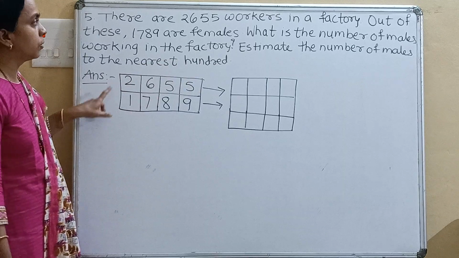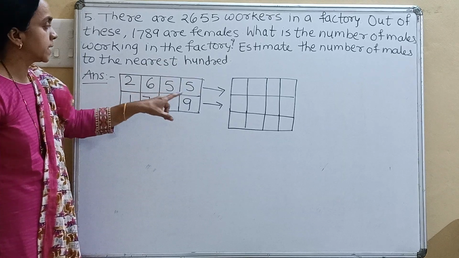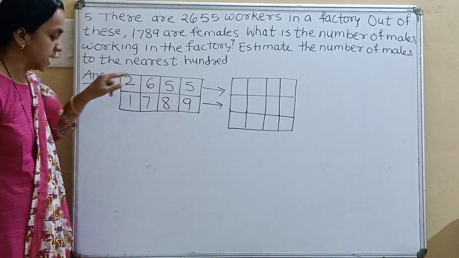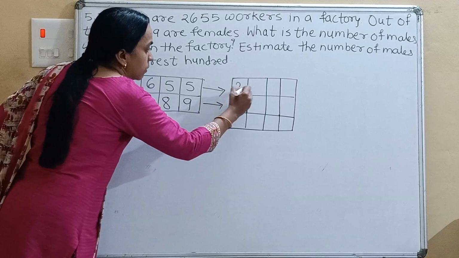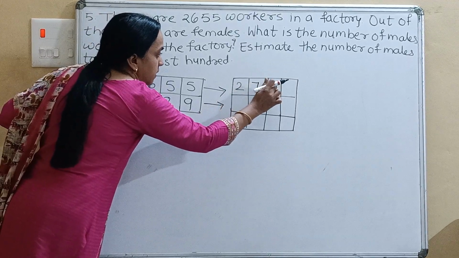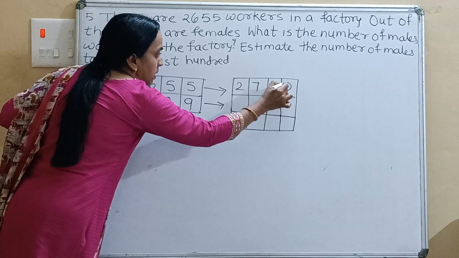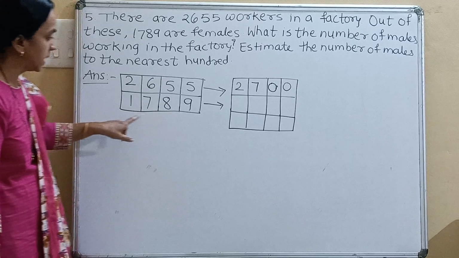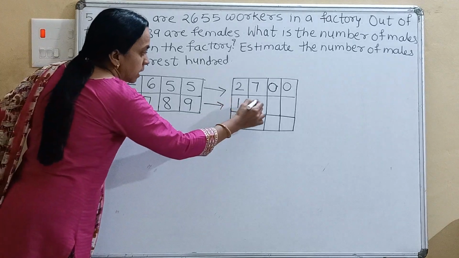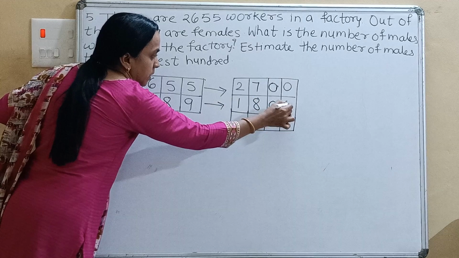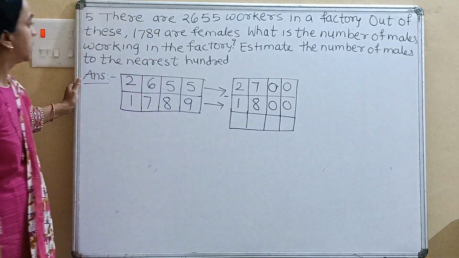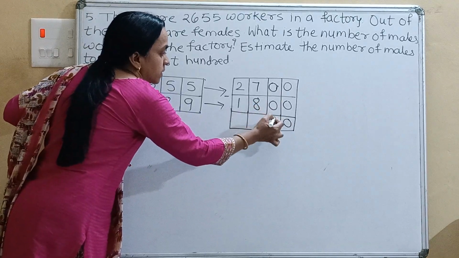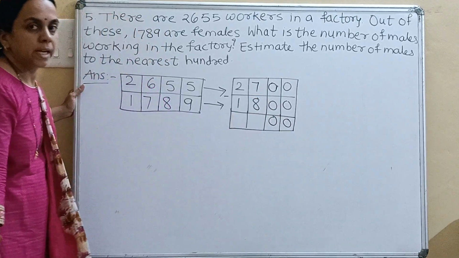Okay, so what we have to do? We have to first find out the estimation nearest 100. So 2655, that is closer to 2700. So write down 2700, and 1789, that is closer to 1800. We have to find out the difference here. Okay, so 0 minus 0, 0, 0 minus 0, 0, 7 minus 8, is it possible?